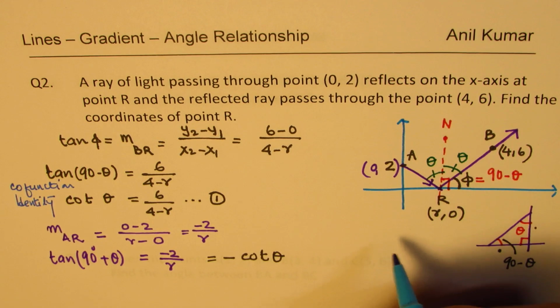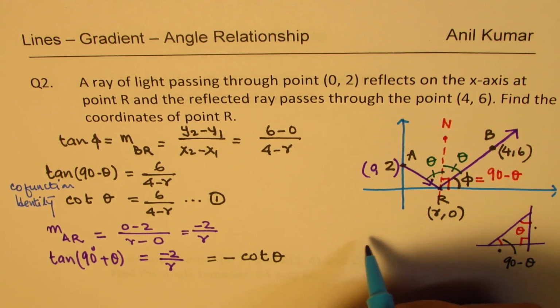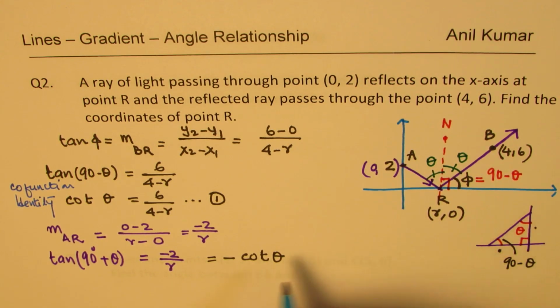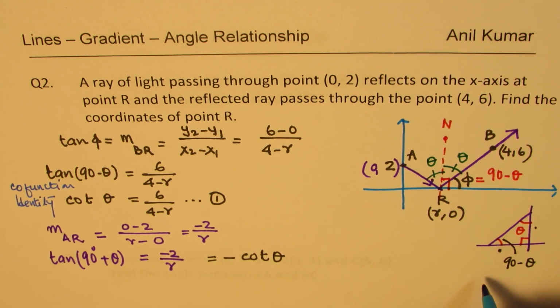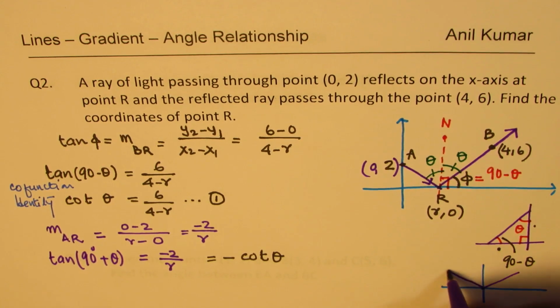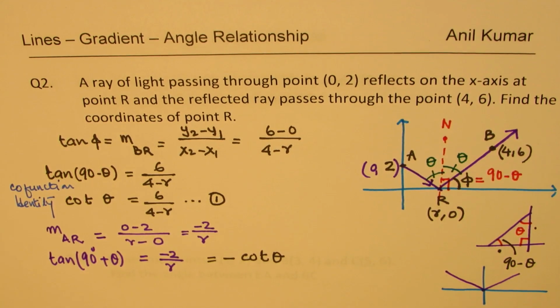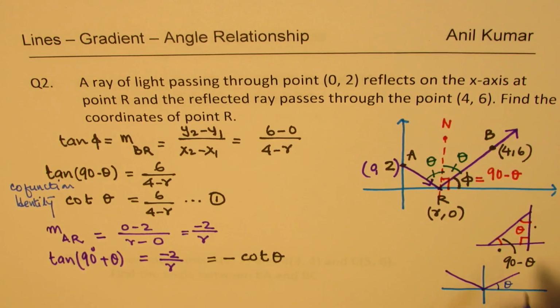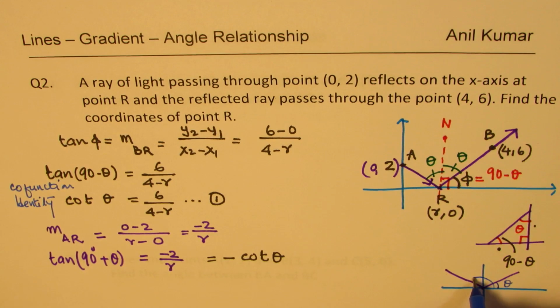If you look into these triangles, let's get back to this also, try to understand the trigonometry behind it, right? When we consider the angle theta, let us say this is 90 minus theta, right?